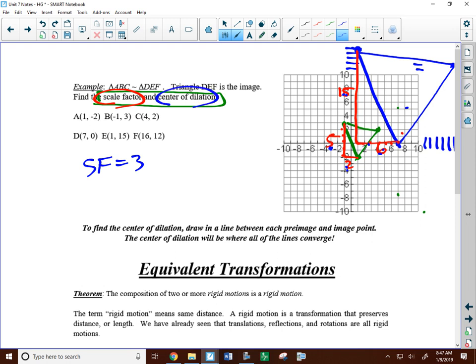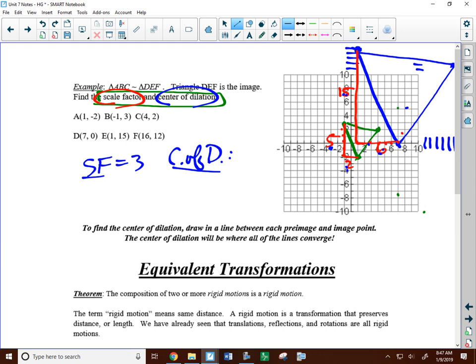Next question is center of dilation. So it's going to be a point. Right? Normally I say dilate around the point 1, -1. So the center of dilation, here's what you got to do. You take out your ruler, your straight edge.